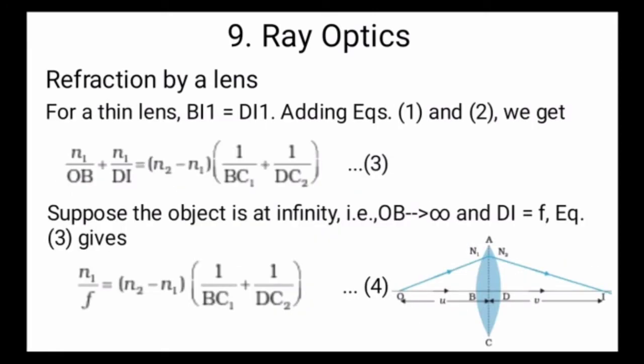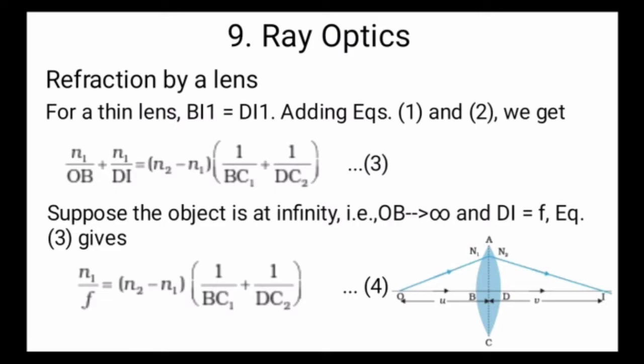For a thin lens, BI1 is equal to DI1. Adding equations 1 and 2, we get n1 upon OB plus n1 upon DI is equal to n2 minus n1 into 1 upon BC1 plus 1 upon DC2, and this is denoted by equation number 3.